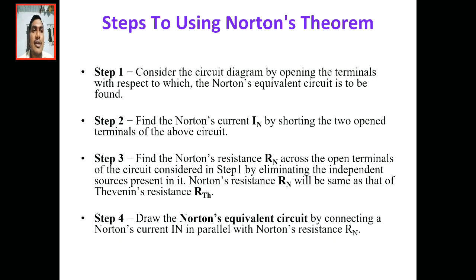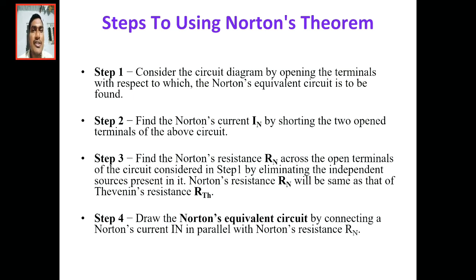Next, we have to find Norton's current by short-circuiting the branch where the open-circuited element was removed. We remove that element and short that branch. After that we find Norton's current.